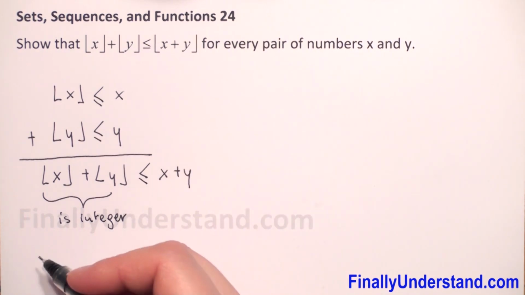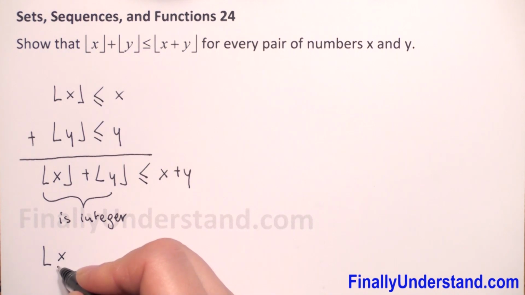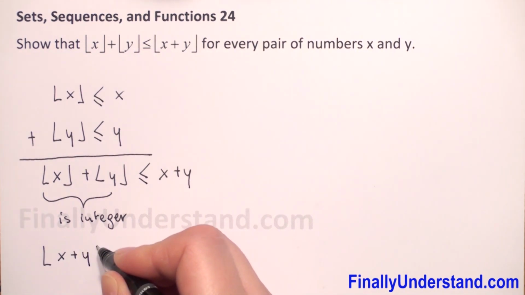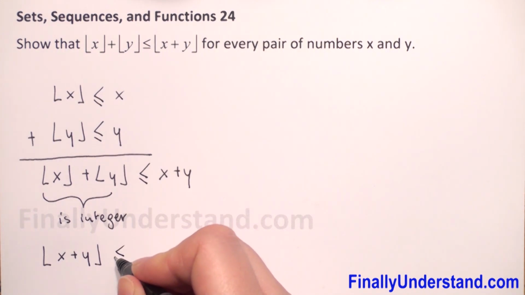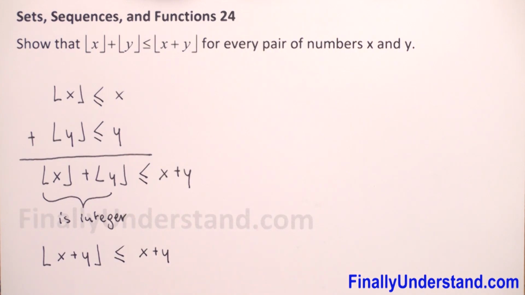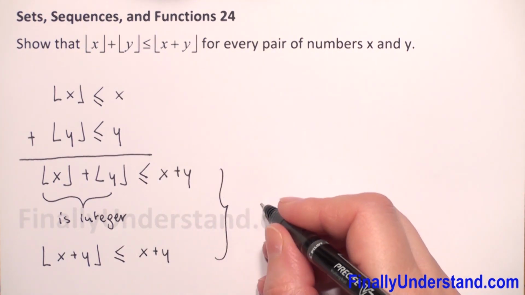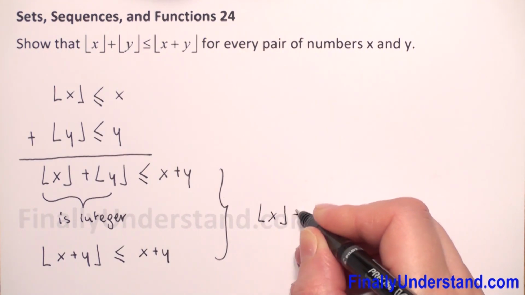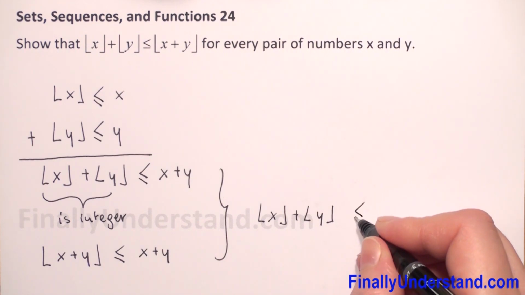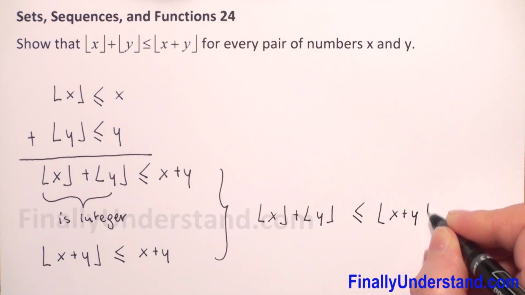And from the definition of floor, we also know that floor of x plus y is less than or equal to x plus y. I just use only the definition here. So we see that floor of x plus floor of y is less than or equal to floor of x plus y.